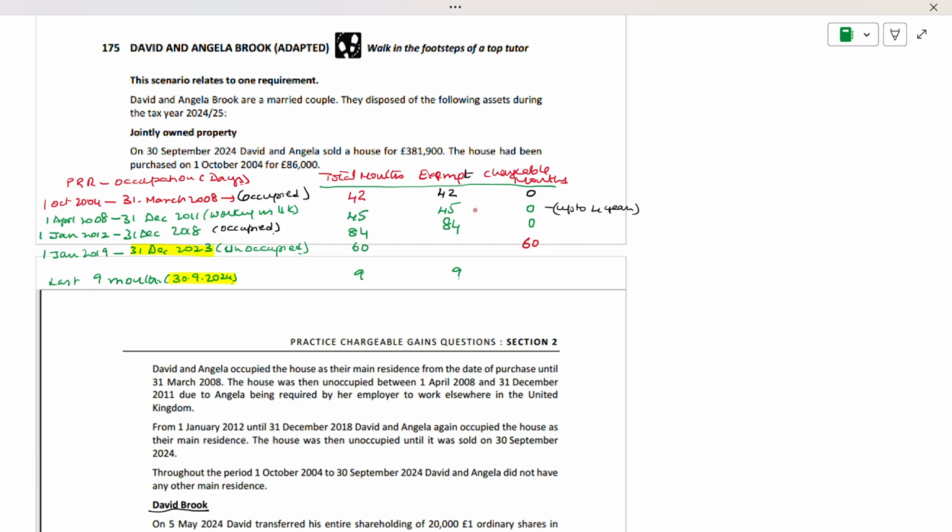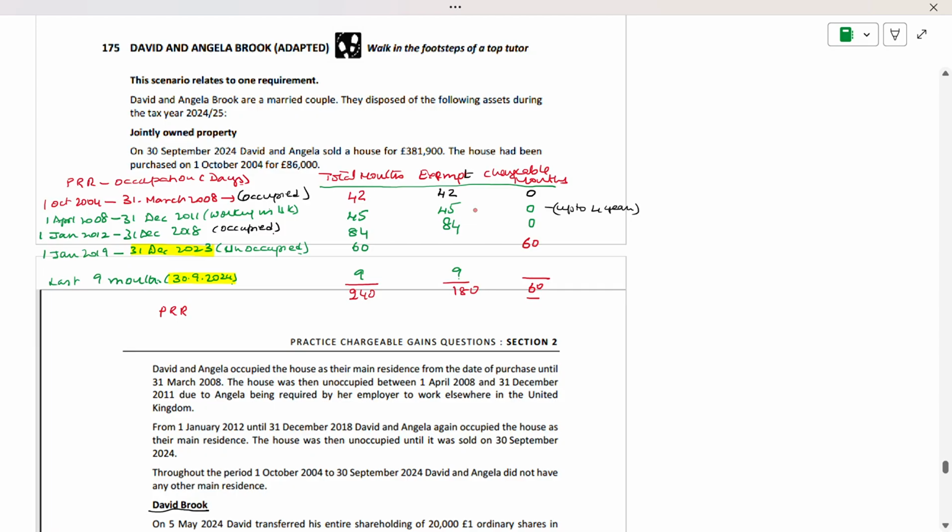If you are not coming back and occupying, it will be chargeable. Okay. Yes, sir. Total months are how much? 240, 180 is exempted. 240, 180, and 60. What is the PRR relief?